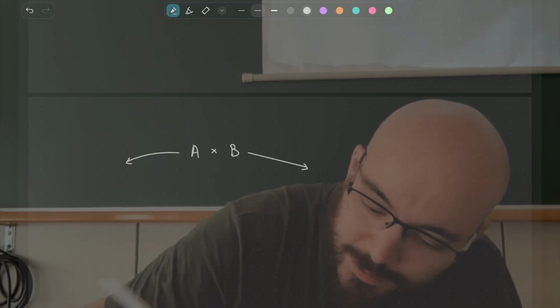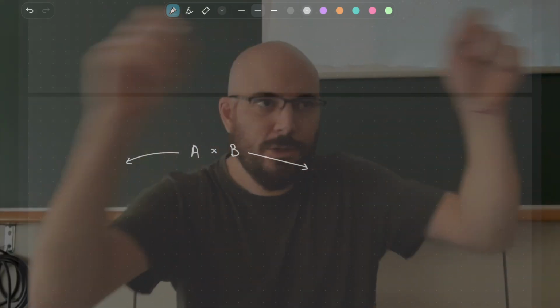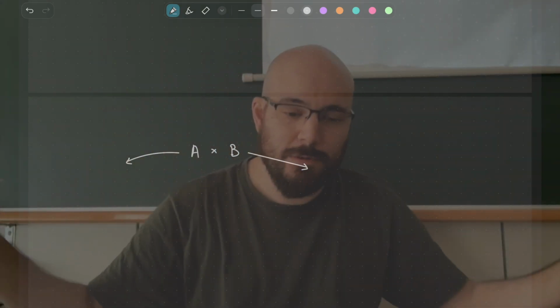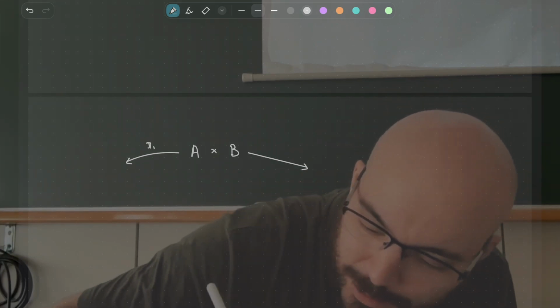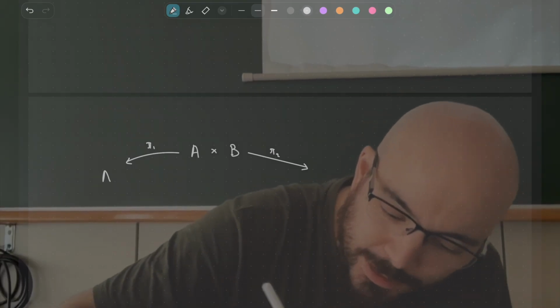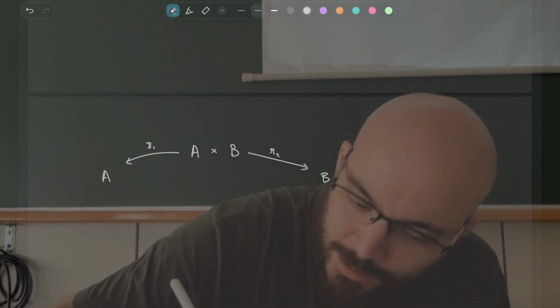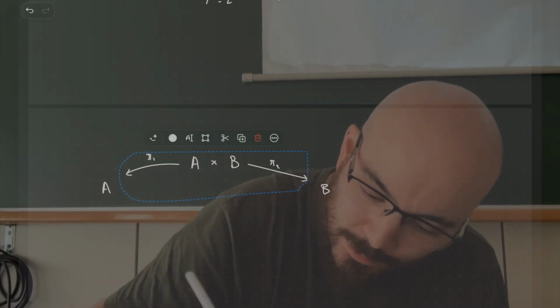So in order for this to be a product, it means that first of all it's not by itself. We need to pick two arrows, and here we will pick the two projections, call them how you like. So they go into A and B, and this should be blue maybe, this is what I usually draw blue.